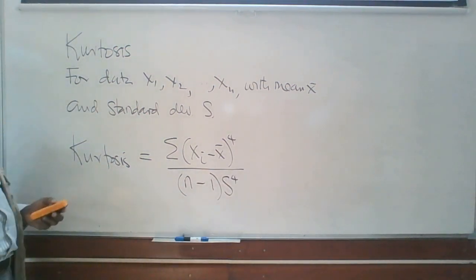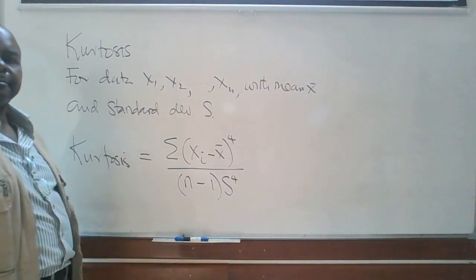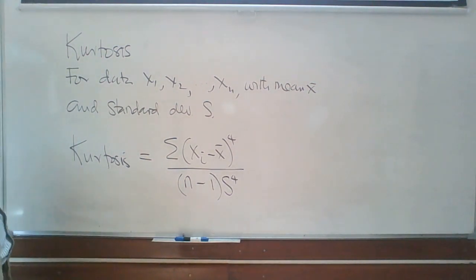So that is kurtosis. It measures how peaked the data are, or how peaked the distribution for your data is.